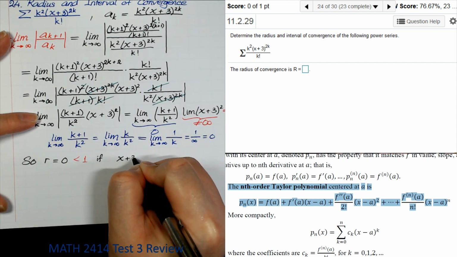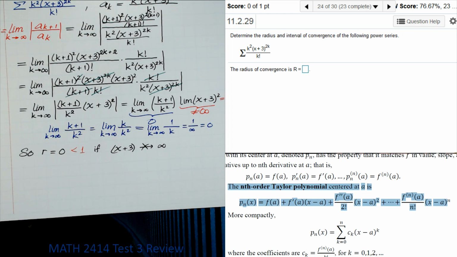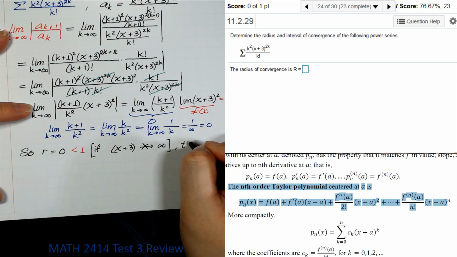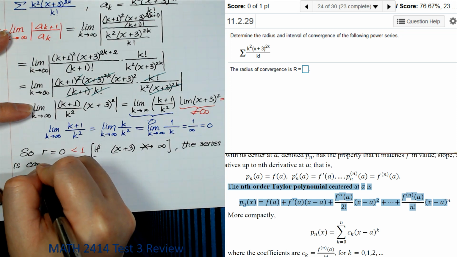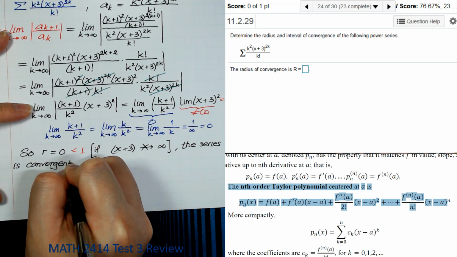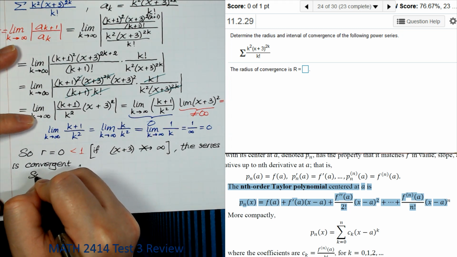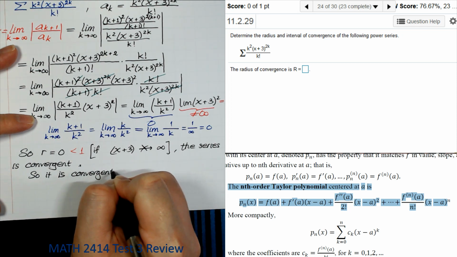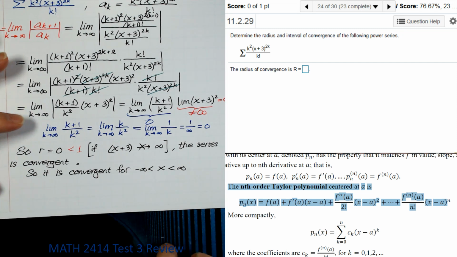If x plus 3 does not go to infinity, and because when r is less than 1 the series is convergent, so in that case it is convergent if x is less than infinity and greater than negative infinity.